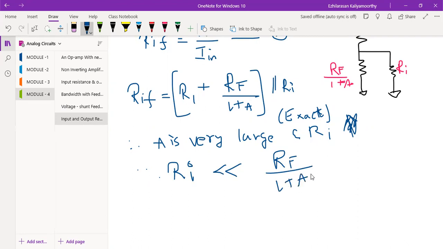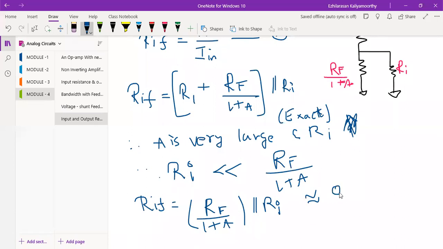From this, I can say RIF is equal to RF by 1 plus A in parallel with Ri, which will be approximately 0 ohm.